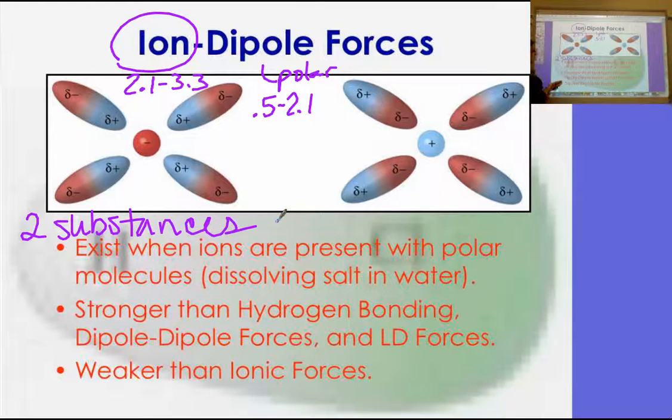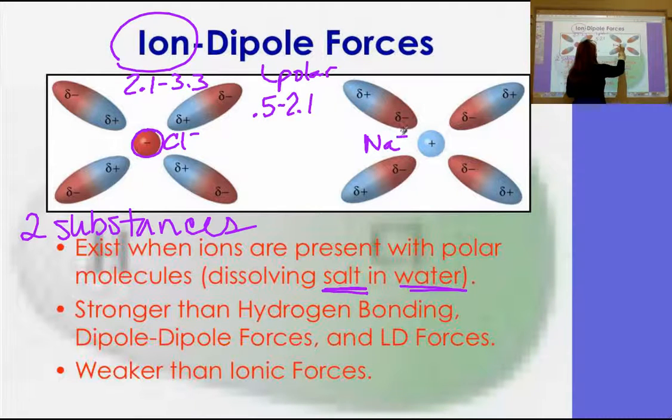These forces exist when you have salt, that's ionic, right, unit 5, in water. Here's my salt. What happens when salt dissolves? Your chlorine becomes a 1 minus, your sodium becomes a 1 plus, and what actually happens when salt dissolves?